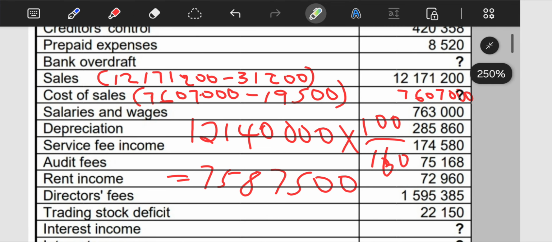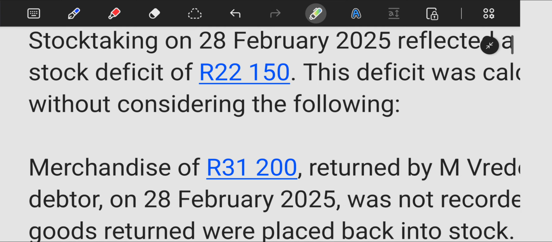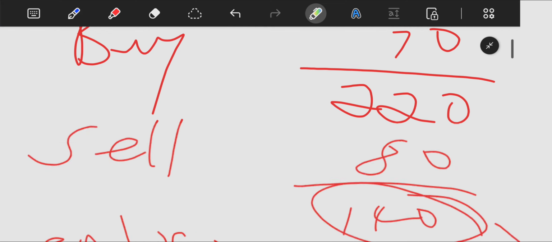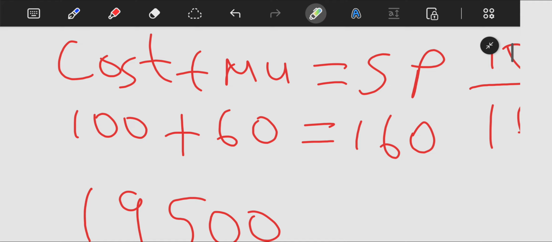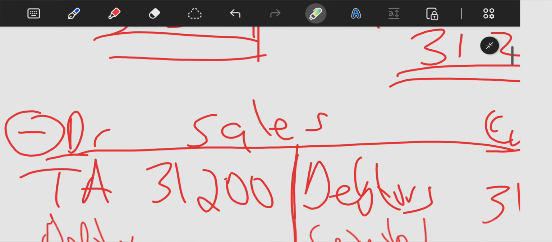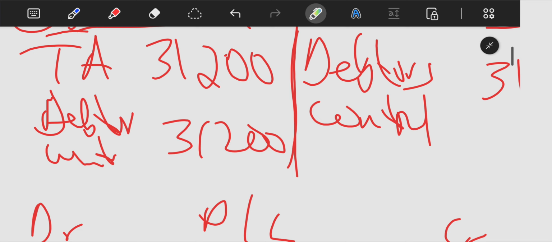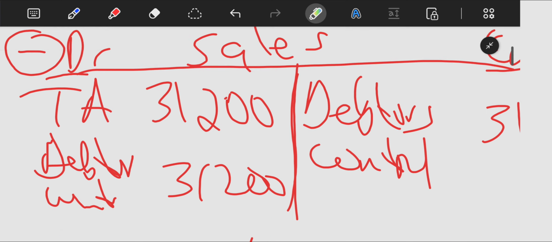Right. Let's go down. Remember, the main aim of doing this is to get to our trading stock deficit. Where were we? We were here. We have reversed our debtors on the sales. Hence, I went up there and said we are going to minus the sales figure when we do our income statement.